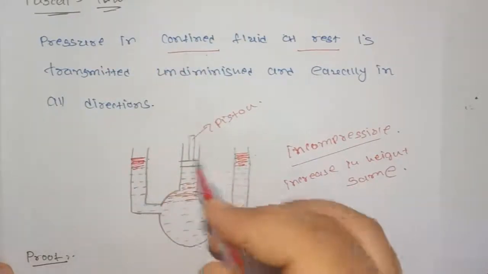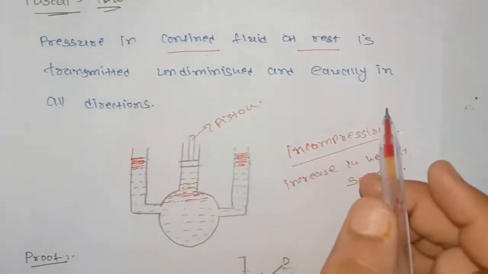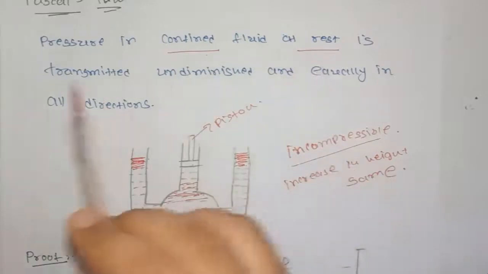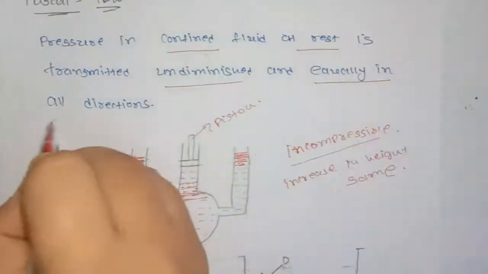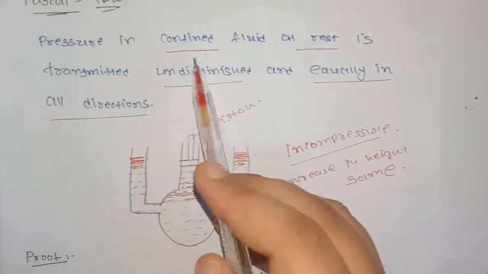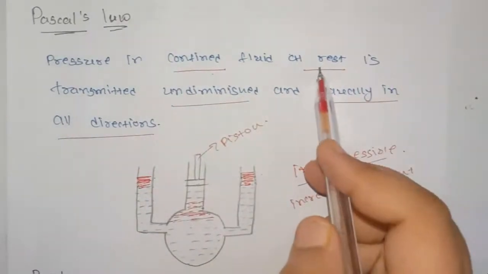That means it should be in a closed container, not in open, and it should be at rest. The pressure is transmitted undiminished and equally in all the directions. Confined means it is contained in a body, in a closed container, and the fluid should be at rest.